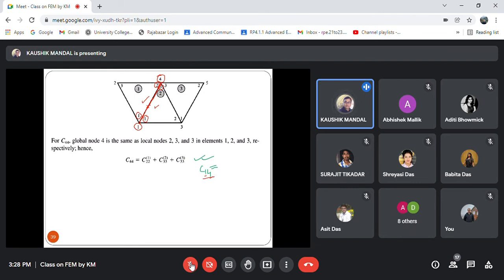So what will be C of 1, 4? C of 1, 4 will be C of 1, 2 of element 1 plus C of 1, 3 of element 2.